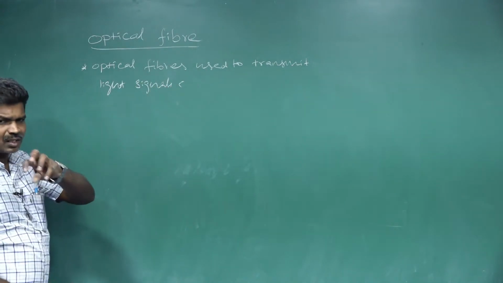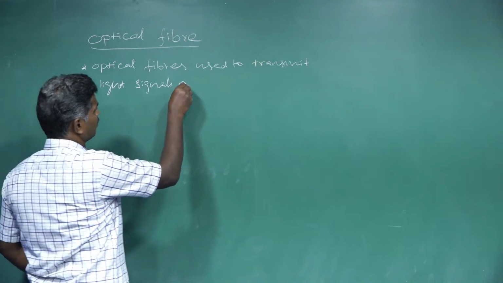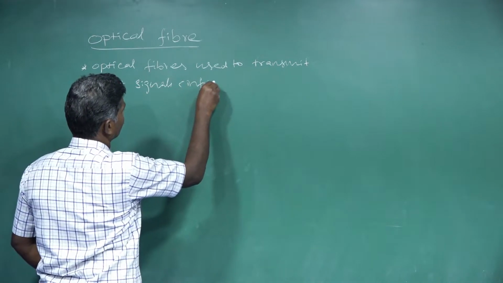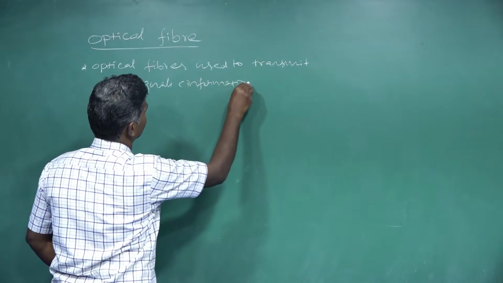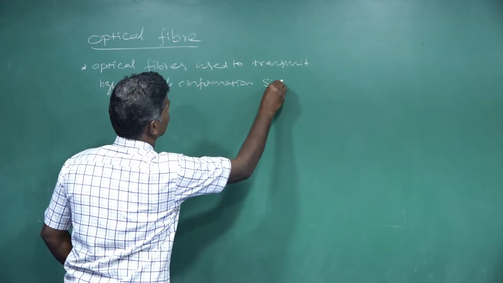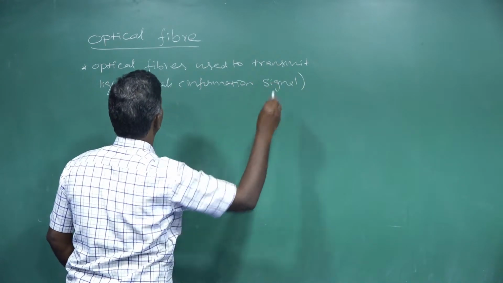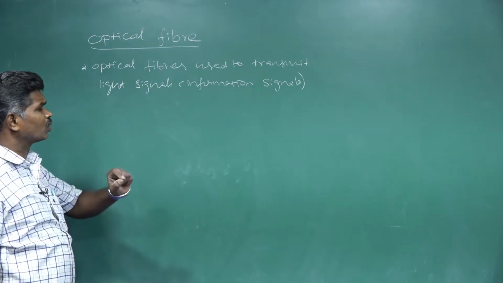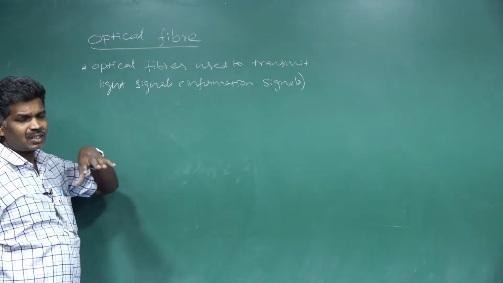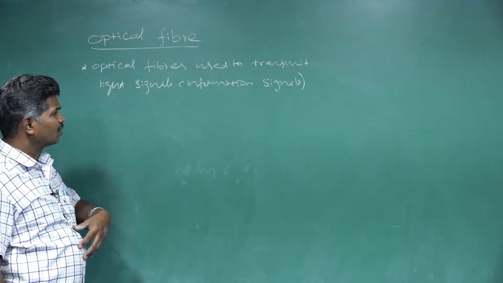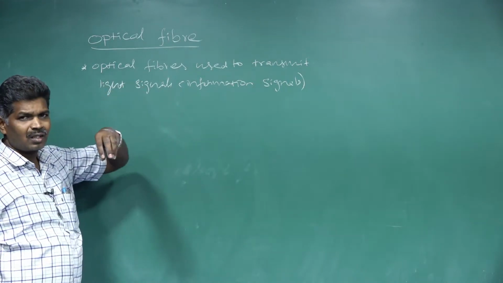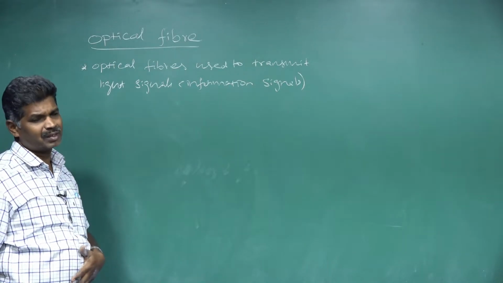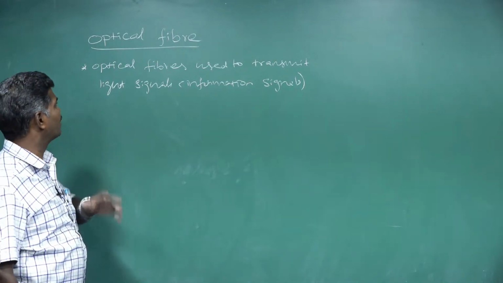That light signal is nothing but information signals. Optical fibers are used to transmit light signals from one end to another end. That light signal contains the information.